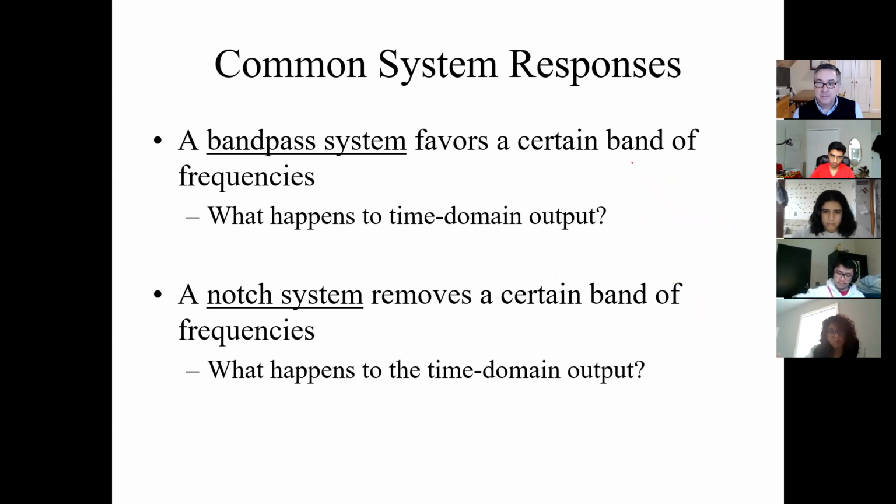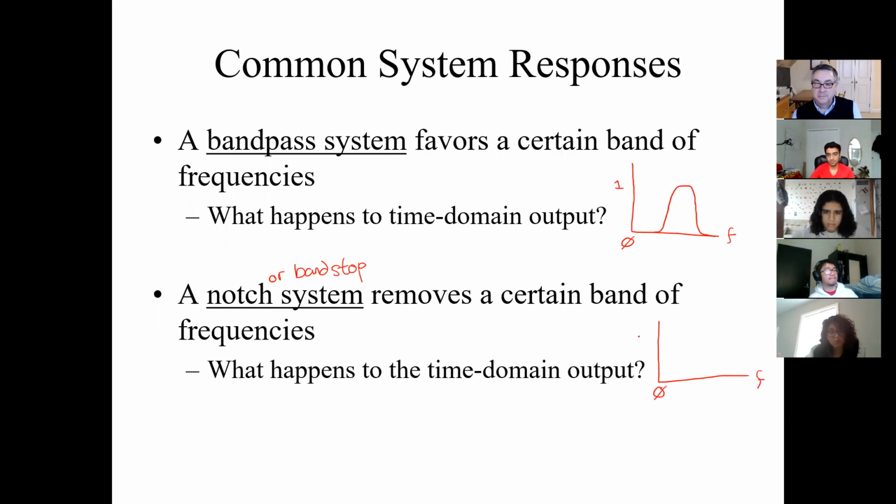And we can also talk about bandpass systems or bandpass filters, which basically give us a band of frequencies that pass. And then the opposite of that is a notch, or I'll say band stop. Usually notch implies a relatively narrow one of these, but basically it's a system that does something like that.